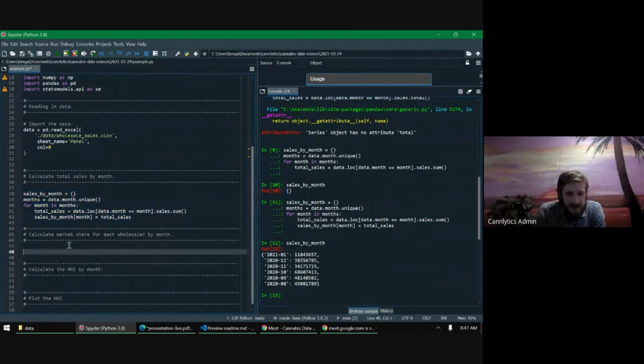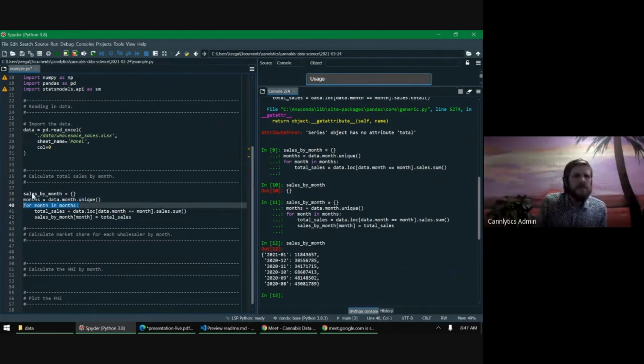So now we need to calculate the market share for each wholesaler by month. That will actually be fairly easy to do. Let's just think about how to do that.